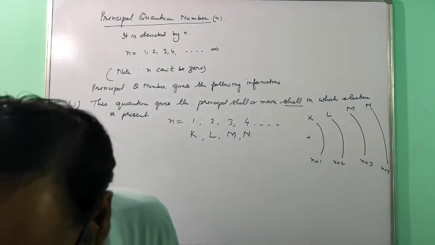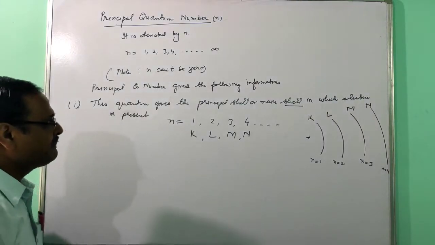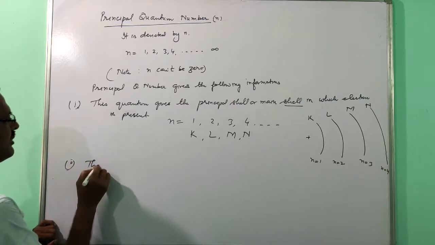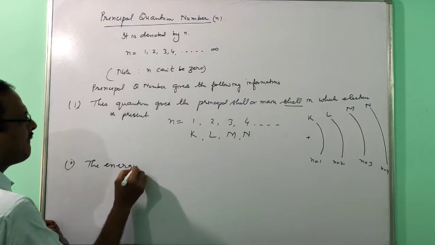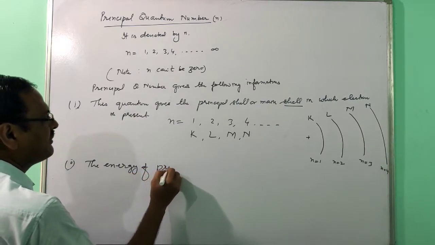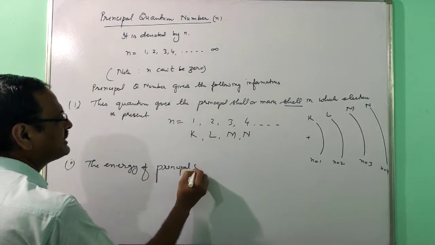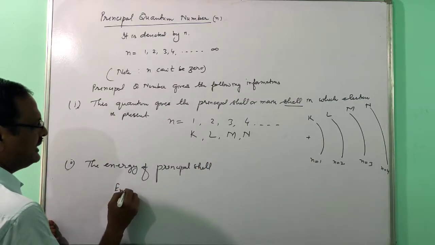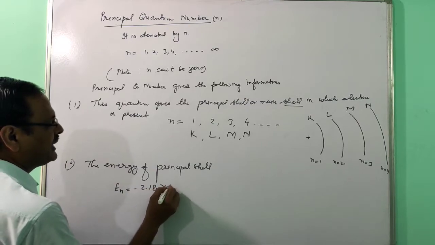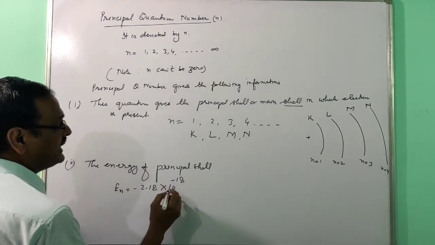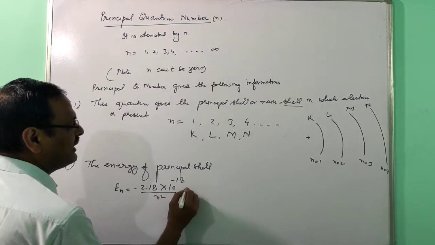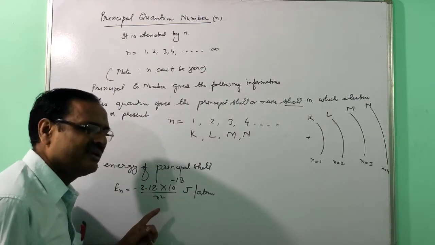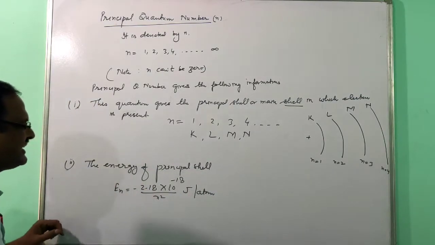Now the second information: the energy of the principal shell. That energy formula you already studied. En is equal to minus 2.18 times 10 raised to power minus 18 upon n square joule per atom. In the notes I have given 2.178, but you can take 2.18, it is easy.